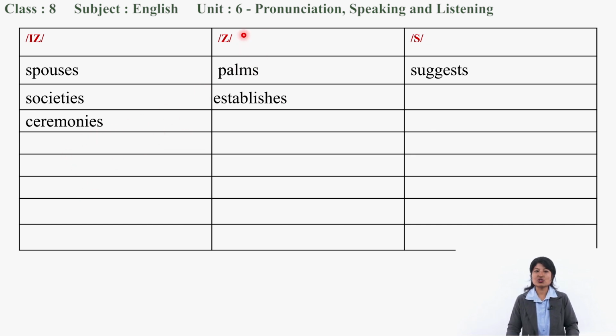In another column, z. Palms, together with palms. Establishes. How do we say it? Establishes. Next word, obligations. Not obligations with an s sound, but z. Obligations. Next, laws.